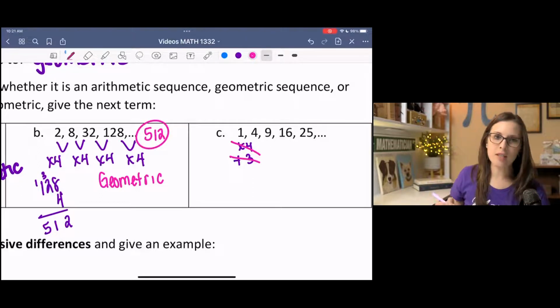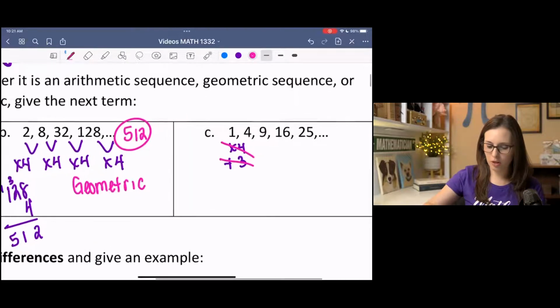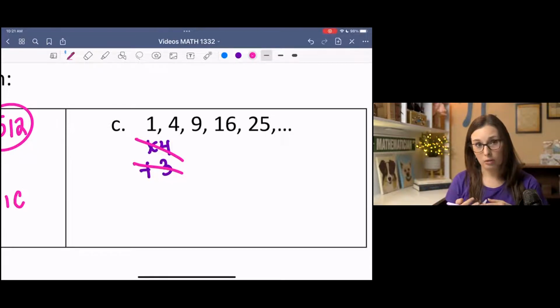And then the last example here, you might have tried a couple things, and I'm trying to show here my trial and error. First, I was thinking, oh, we're multiplying by 4, but 4 times 4 is 16, which is not the next number. So that's not it. And then I thought, well, maybe we're adding 3. 4 plus 3 is 7, not 9. So that's not it, which means that it is neither geometric nor arithmetic. It is a sequence, but it is not those two.